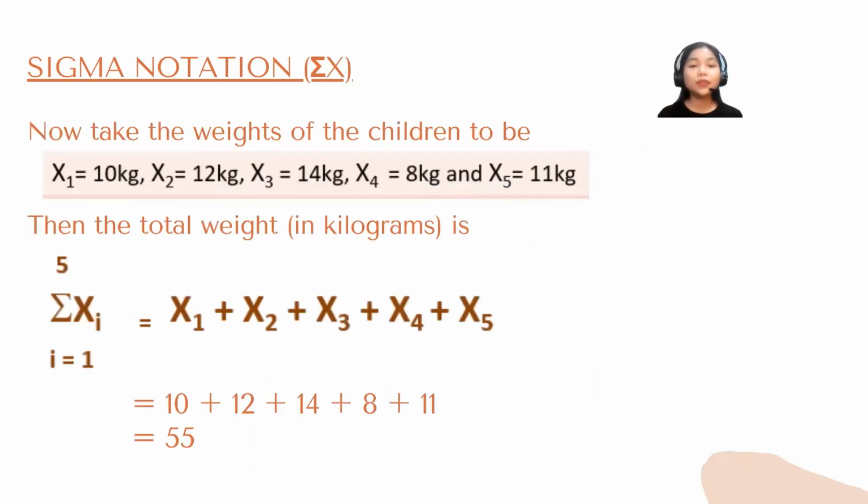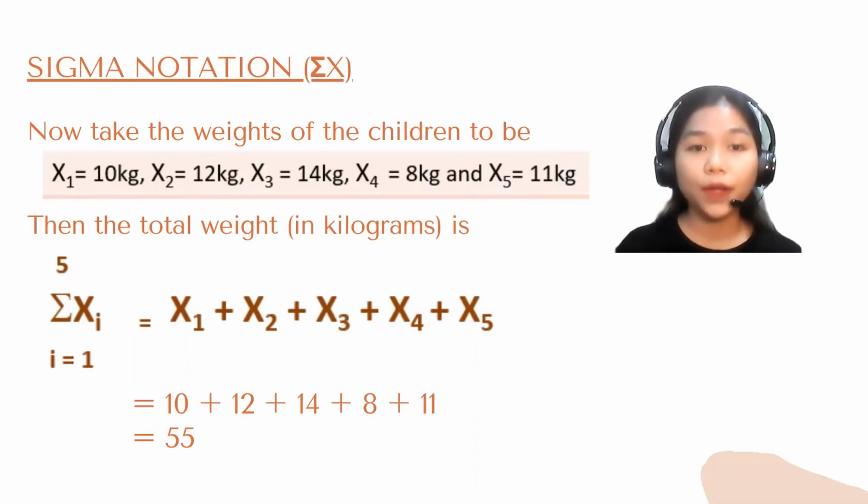Now, we need to take the weights of the children. Earlier, we just assigned different notations: x1, x2, x3, x4, and x5. So let's have a more vivid example.